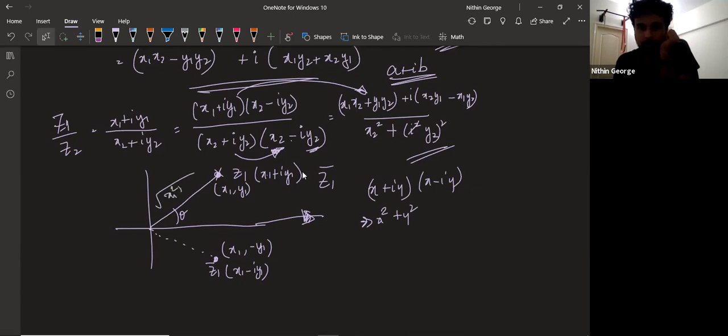It's root of x1 square plus y1 square. So when I multiply this by its conjugate, I get a value which is x1 square plus y1 square itself, not root of it, but the square of this distance. I hope this much was clear. Yes, sir.